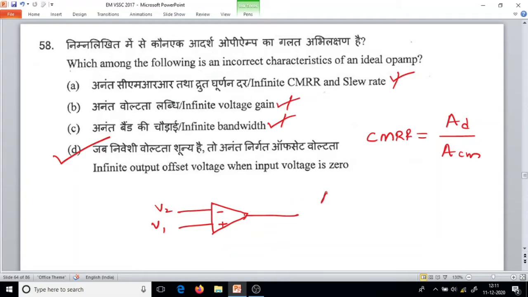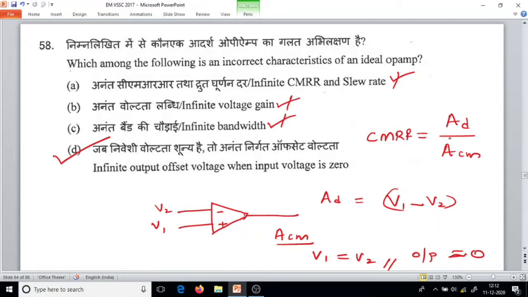For the differential mode, the input is going to be V1 minus V2, and this will get amplified. In common mode, V1 equals V2, so the output should be nearly zero, and differential gain has to be high.